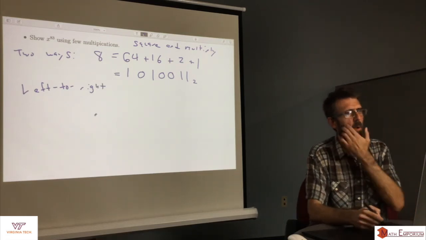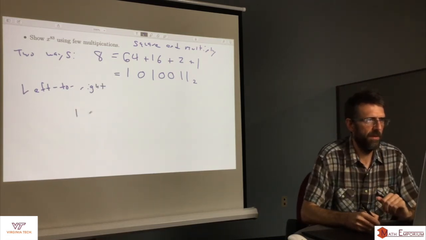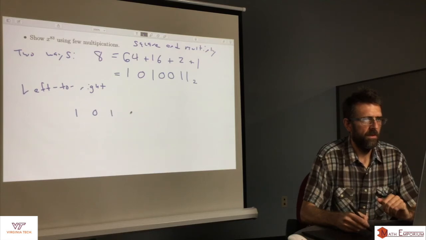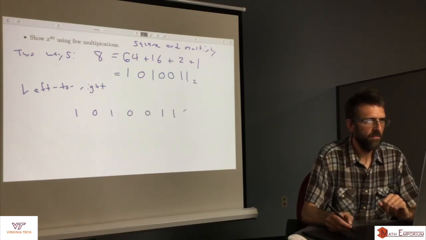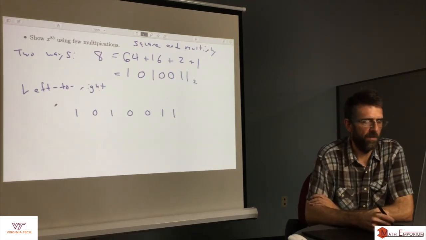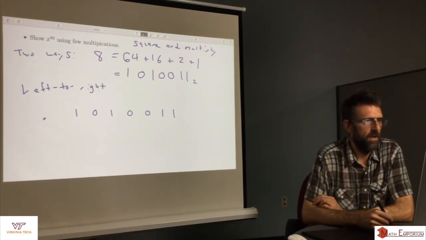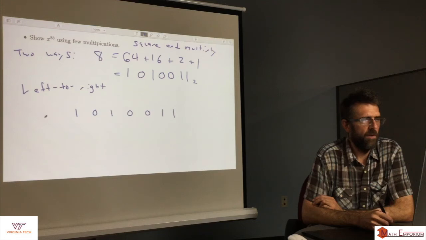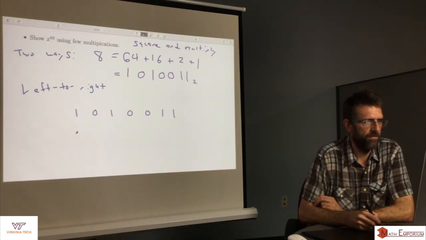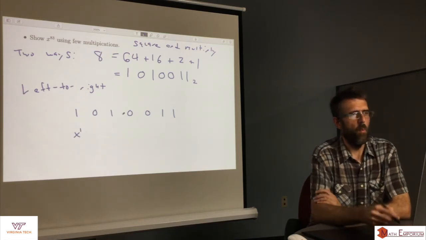Okay, so here's what I'm going to do. I'm going to write my binary expansion of my exponent, 83 in this case. All right, and I'm going to start off, and I'm going to think of starting in this column here, and write x to the 1.